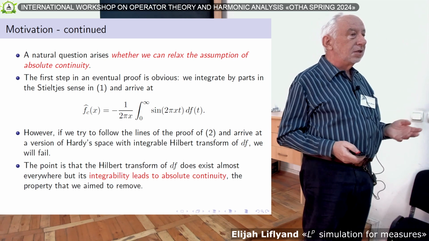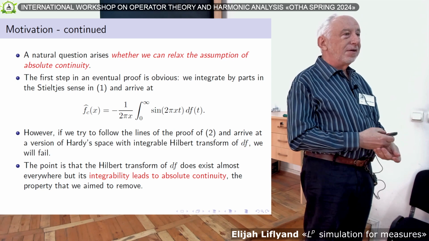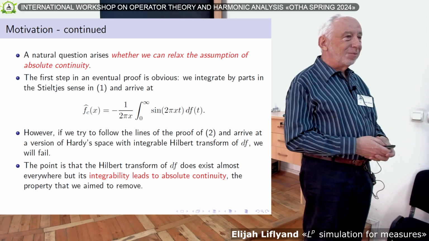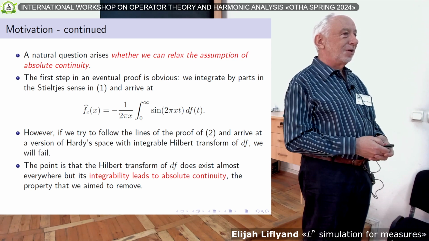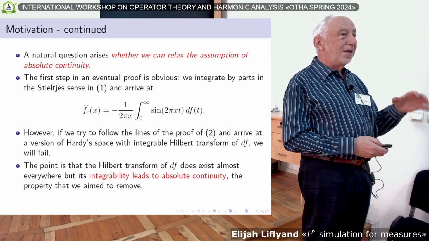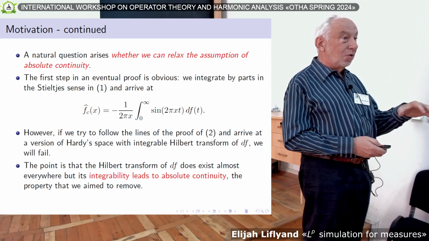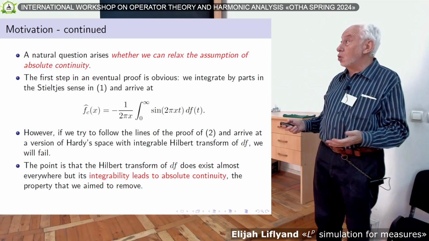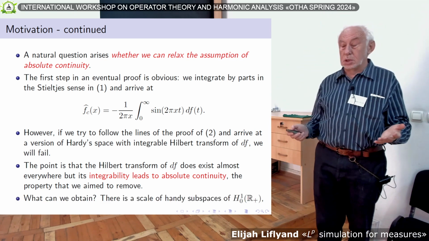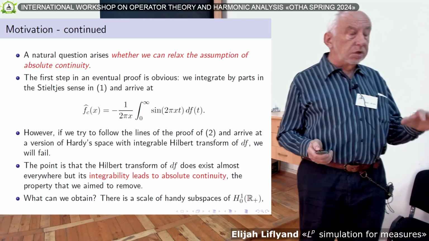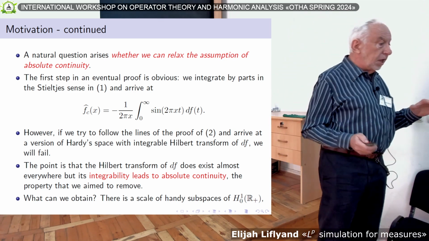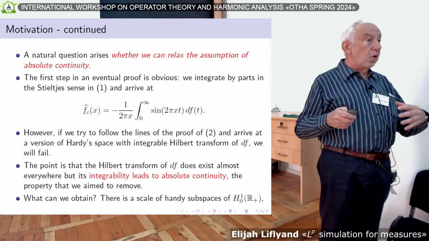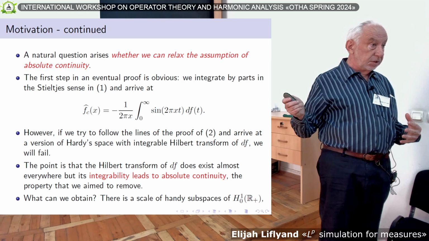It is a known fact that if the Hilbert transform of a measure is integrable, then the measure is absolutely continuous. The thing we try to remove comes by force. So what to do? It is clear that we cannot stay in the scope of Hardy spaces.